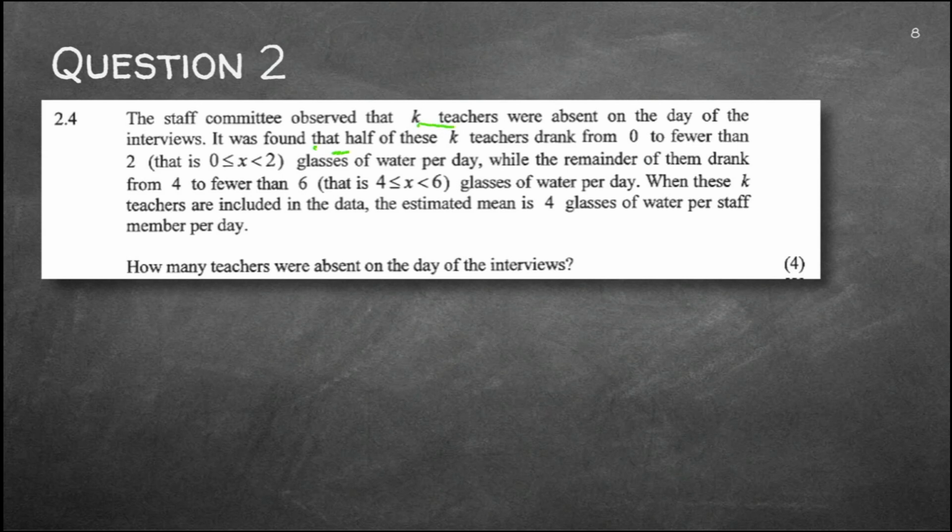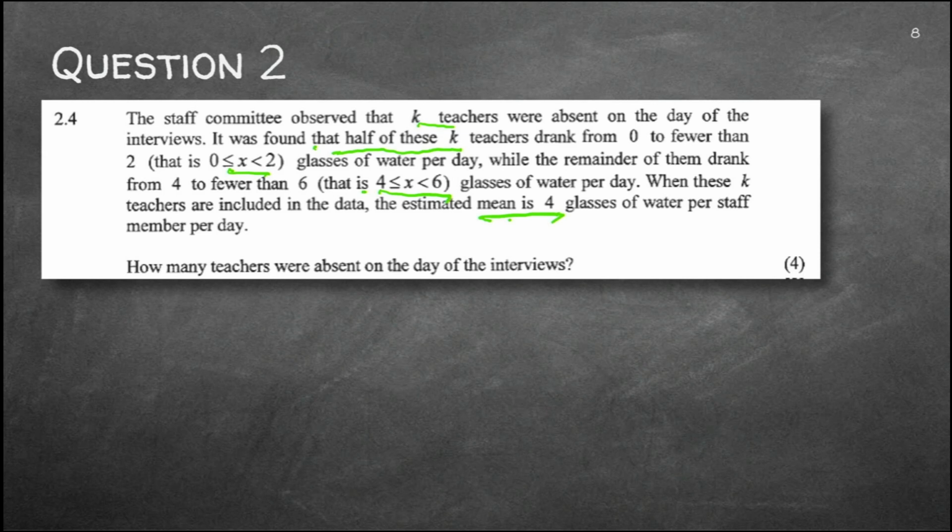It was found that half of these K teachers drank from 0 to 2 glasses of water, while the remainder of them were in the group of the 4 to 6 glasses of water. When K teachers are included in the data, the estimated mean is 4 glasses of water per staff member per day. How many teachers were absent on the day of the interviews?